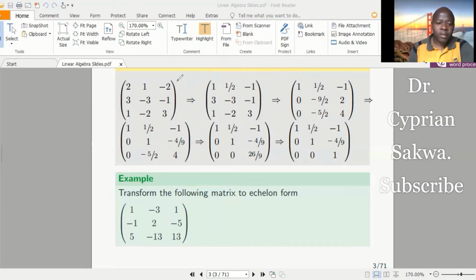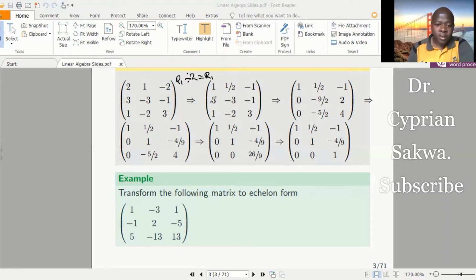Let me just ensure that my row operation remains here. Row 1 divided by 2 gives me my new row 1. That's good. Now I have 1 in this position. It's my leading element. I use this leading element to create zeros below it.